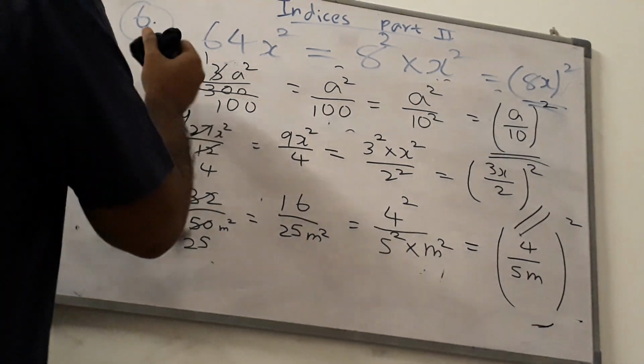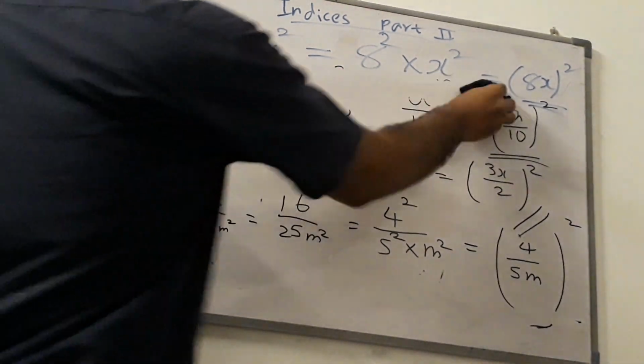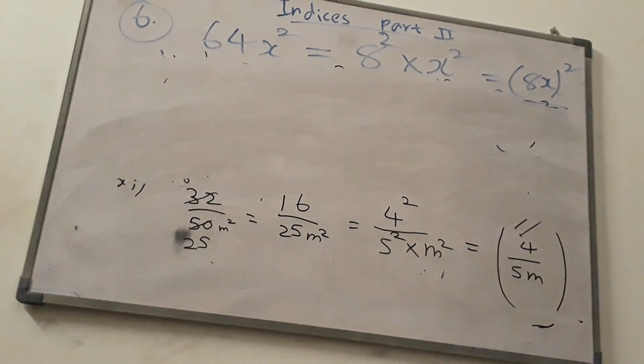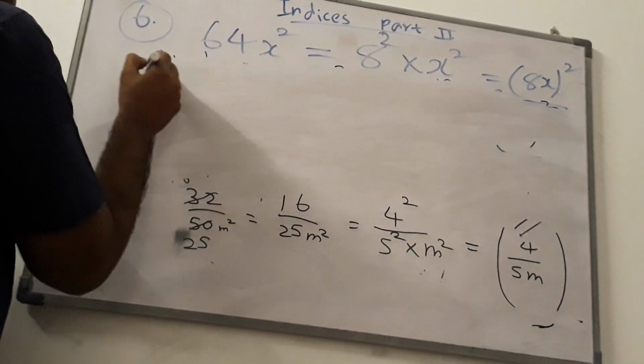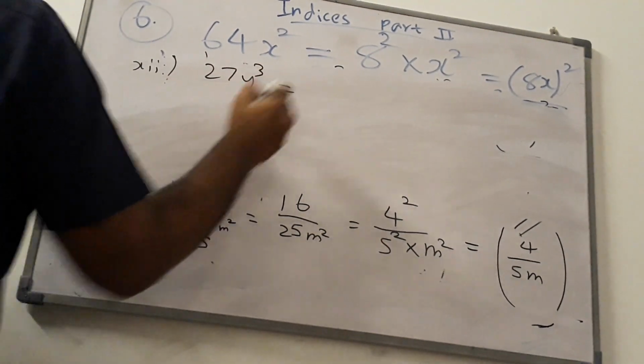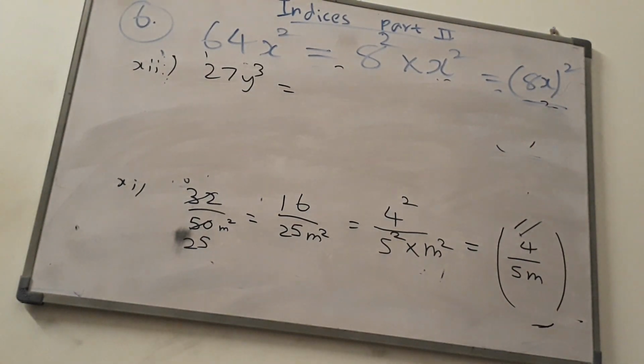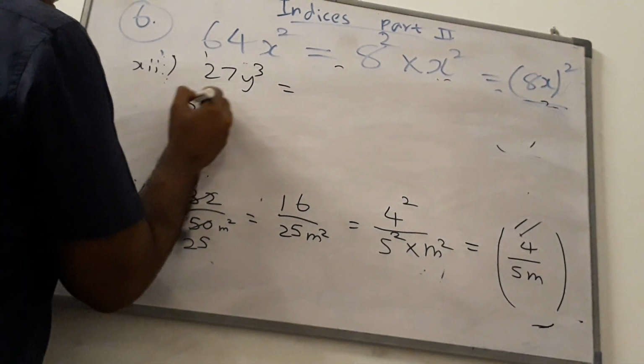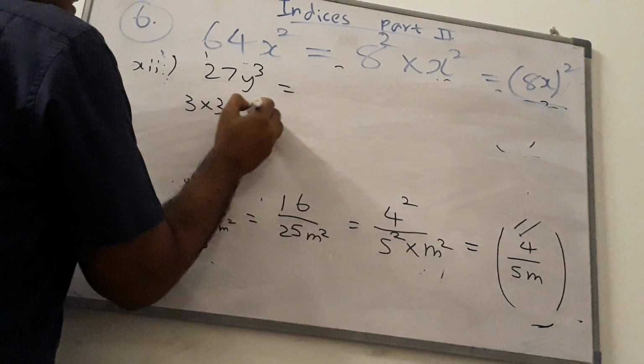Next, let me check how to do the next sum. The next sum is 27y cubed. 27 means what? 3 times 3 is 9, 9 times 3 is 27.